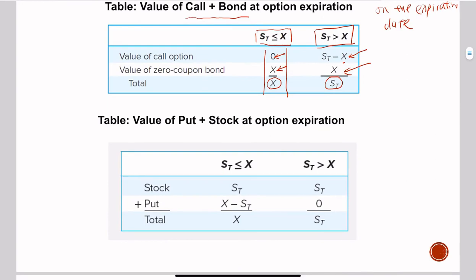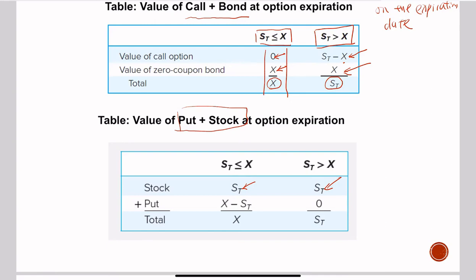Now let's look at the second investment portfolio, which is put plus stock. In this case, if the market price is smaller than the exercise price, luckily you have this ST here because we're talking about stock. It's always ST. Then the only difference is the value of this put option.